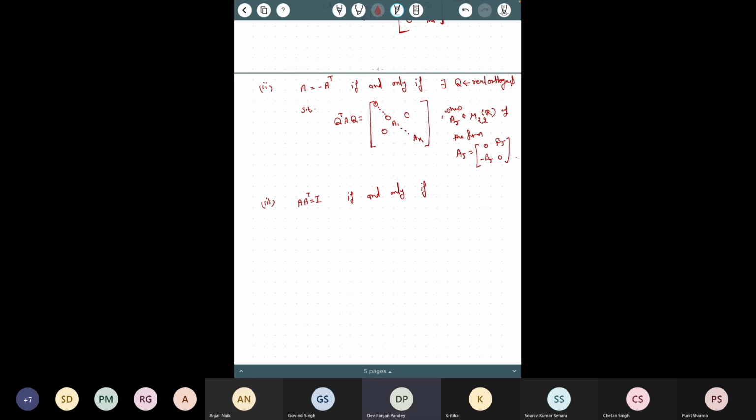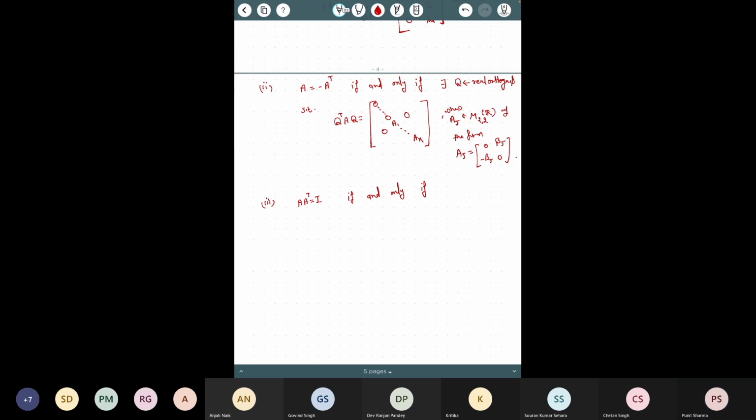Yeah, so basically your 2 cross 2 blocks have eigenvalues of modulus 1. That means they are actually a 2 cross 2 rotation kind of thing. Okay, so you can verify why this is true.